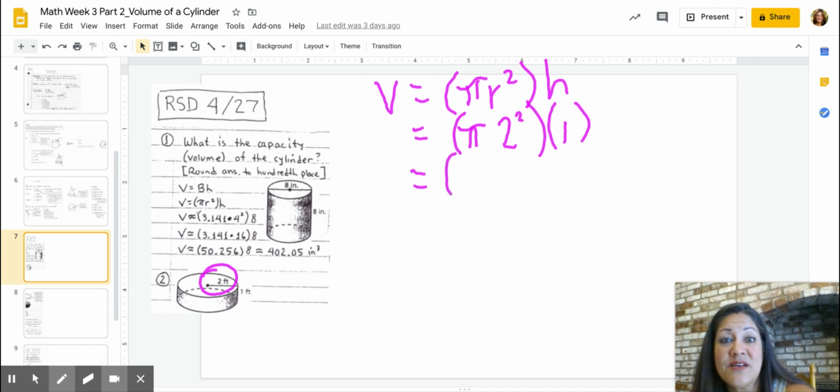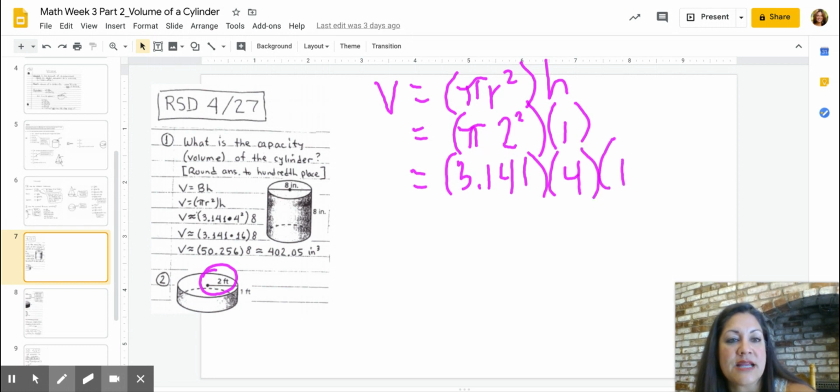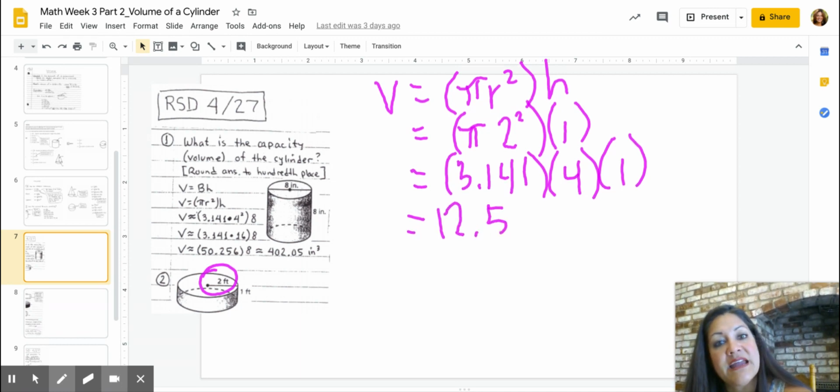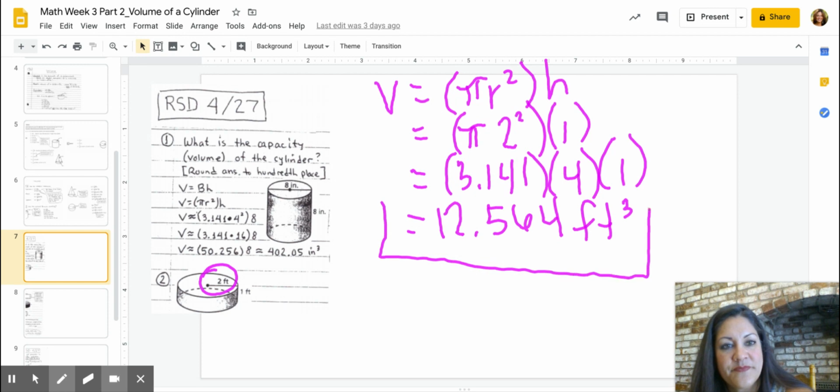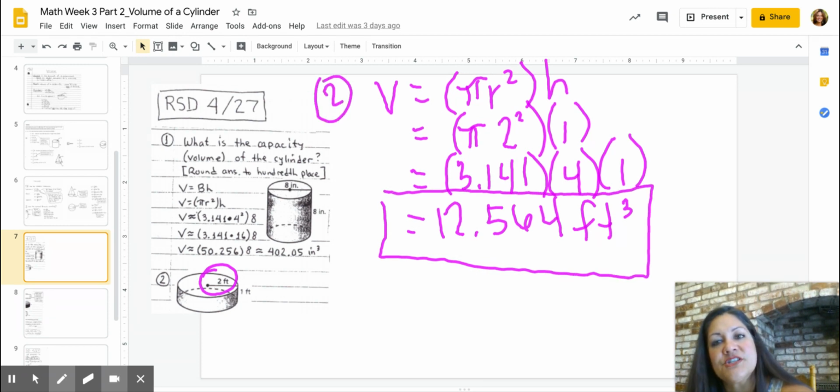In this lesson, we're using pi as 3.141, so we'll continue. Times 4 times 1. I'll use my calculator for this. 3.141 times 4 is 12.564, and our label is feet cubed. Okay, and that was for number 2.